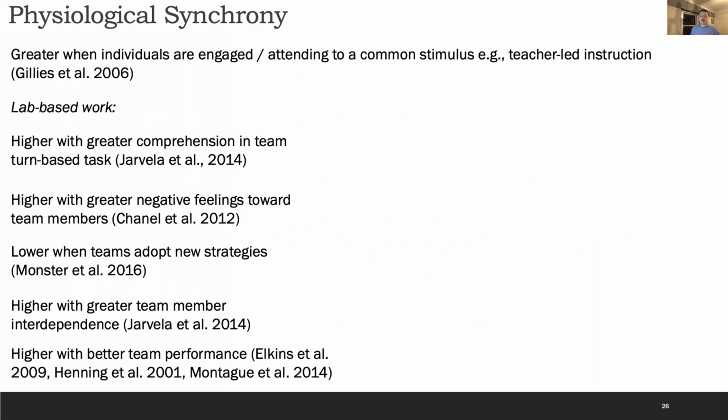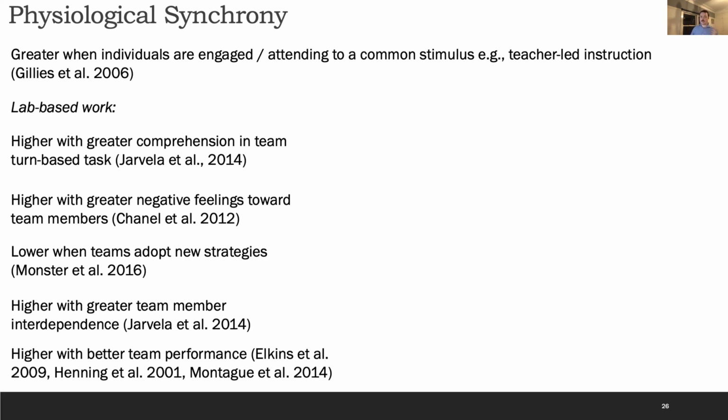But with lab-based work, there's been a lot of work with teams, and there's a whole laundry list of things that are associated with increased synchrony. Things like greater comprehension between members in the team, but also when people don't like each other more, you see increases in synchrony. You see lower synchrony when people switch strategies.